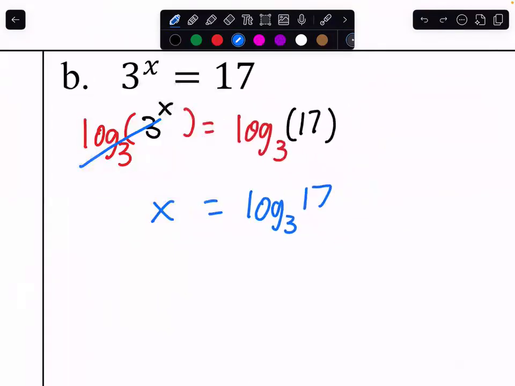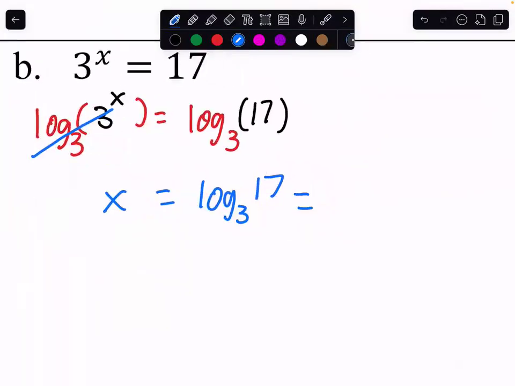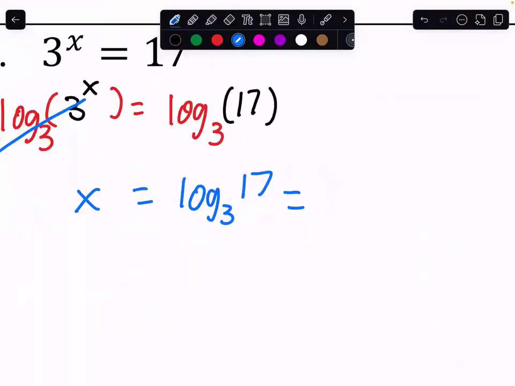Okay, so now how do we get this to be a decimal? Again, most of us don't have a way of typing in log base 3. So we did learn the change of base formula last class. You can rewrite log base 3 of 17 as common log of the argument divided by common log of the base.